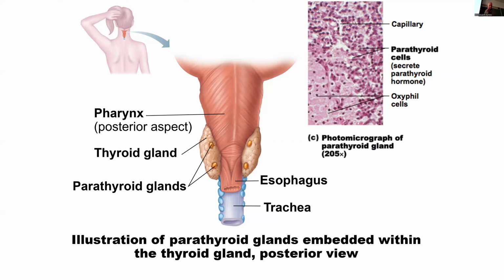Okay, so let me make sure we've got this. So here, the thyroid is primarily responsible for releasing thyroid hormones that regulate your metabolism, but it also releases calcitonin, which decreases circulating calcium.